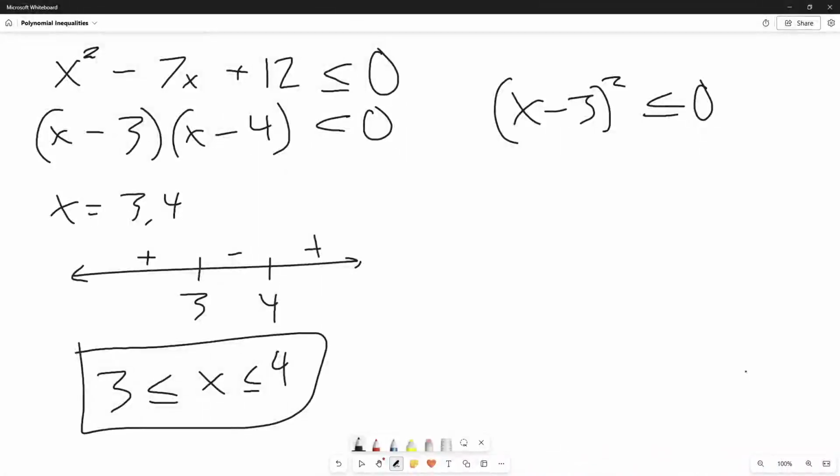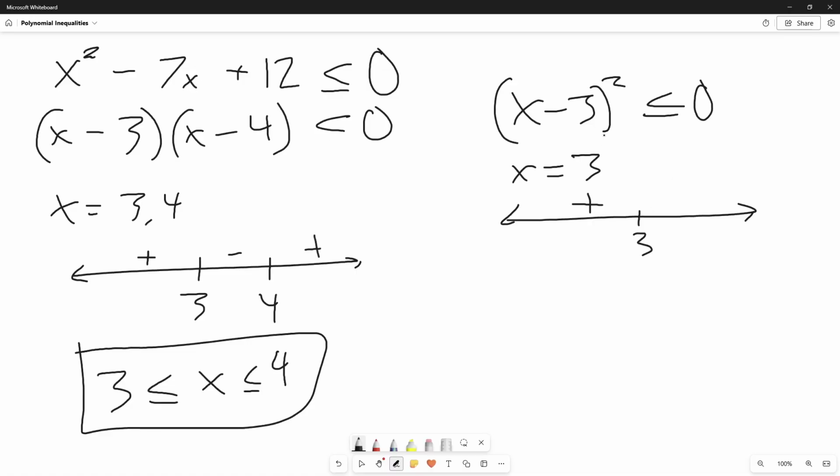And sometimes, like I said, your solution is usually going to be an interval like this, but sometimes it will be just a single point. For example, this inequality right here, x minus 3 squared is less than or equal to 0. Let's solve this first. You find the solutions to x minus 3, which is x equals 3. Draw your sign diagram. Let's try 0. Negative 3 squared is positive.